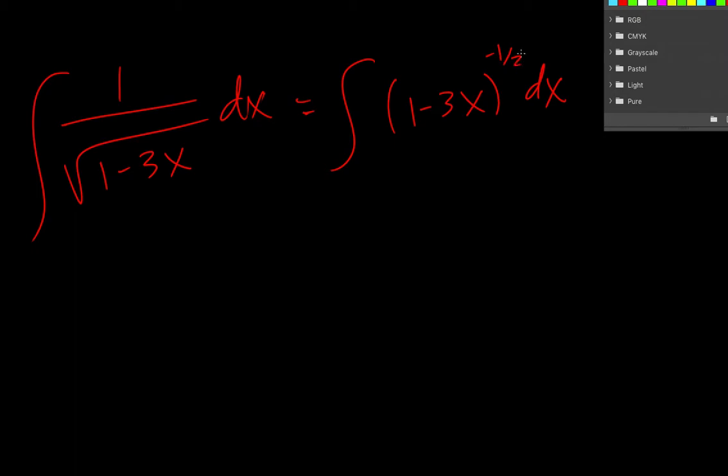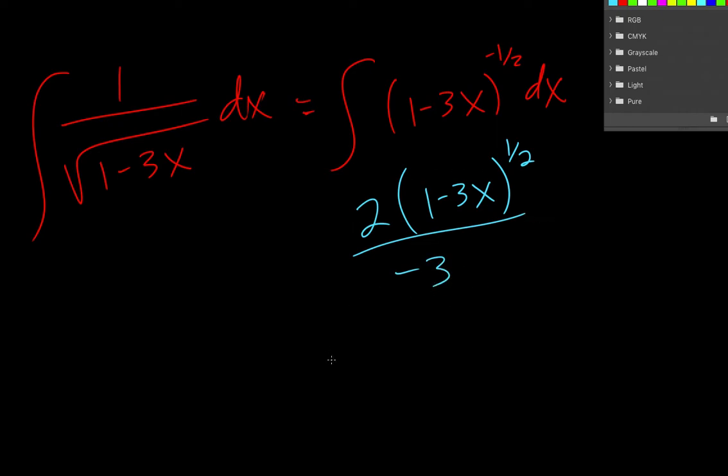So when we take the antiderivative, we raise the exponent by 1, rewrite the inside, and then we want to divide by the new exponent, but dividing by 1/2 is the same as multiplying by 2. And then we need to divide by the derivative of the inside, which in this case is negative 3.